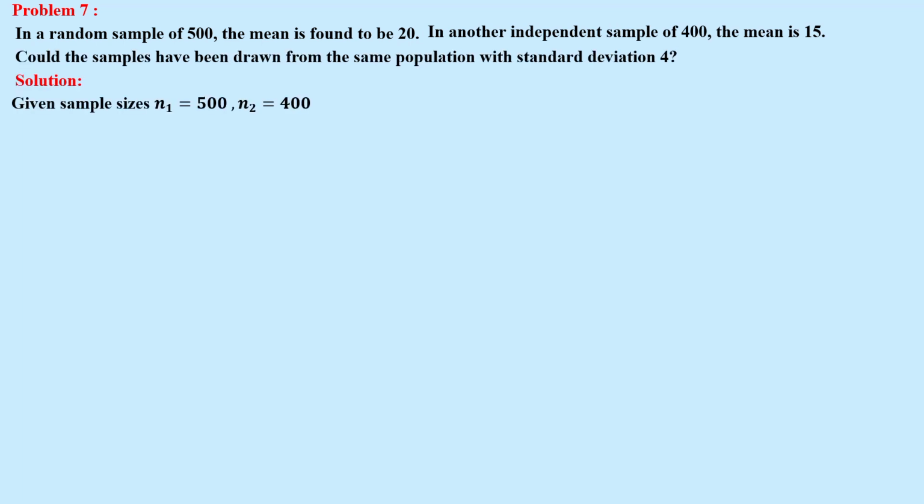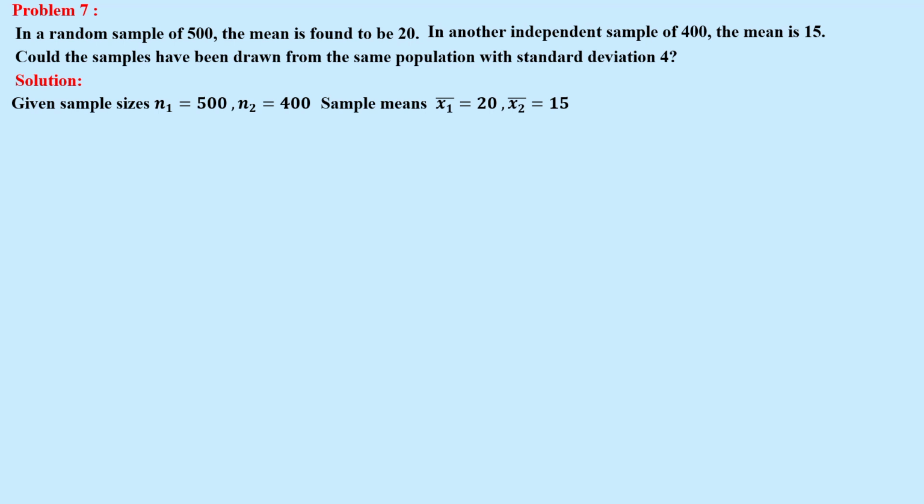Next problem. A random sample of 500 has a mean found to be 20, and another independent sample of 400 has a mean of 15. So the first sample size n1 is 500, sample mean x1 bar is 20, second sample size n2 is 400, sample mean x2 bar is 15.